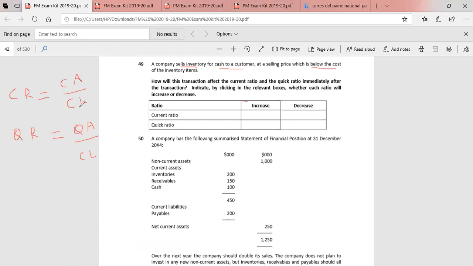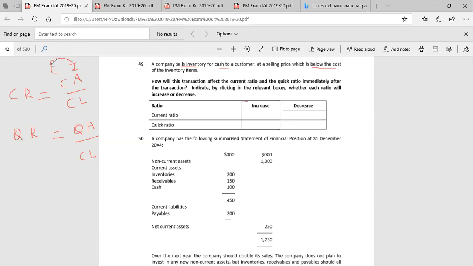Because it is sold below the cost, one item from inventory is moving to cash. If it were at cost value, there would be absolutely no impact. Inventory is going out, and then it is coming back in the form of cash.